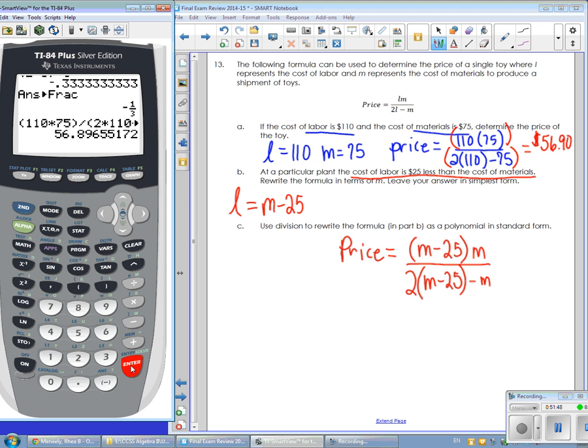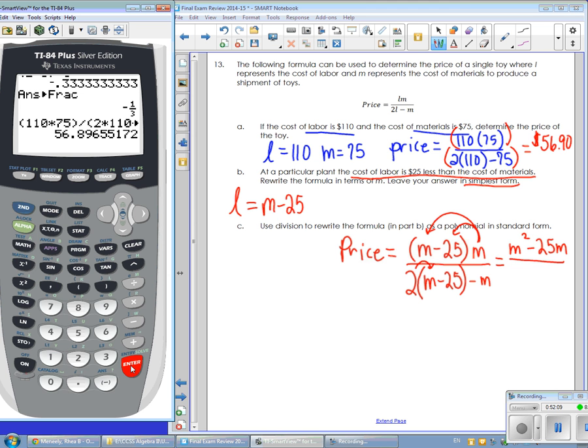So when I do this, it's because it says to write your answer in simplest form. I'm going to use my order of operations. So on top, I'm going to need to use the distributive property, which means I'm going to have to multiply M times M and then M times that negative 25. So that's going to become M squared minus 25M. That's going to be on top. On the bottom, I'm going to have to distribute the 2.